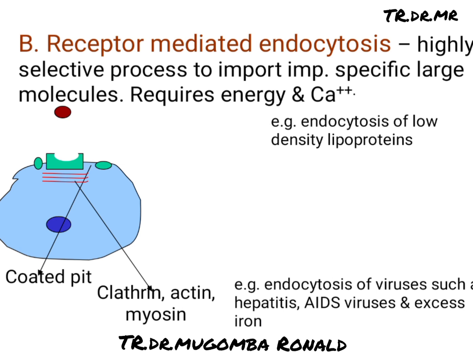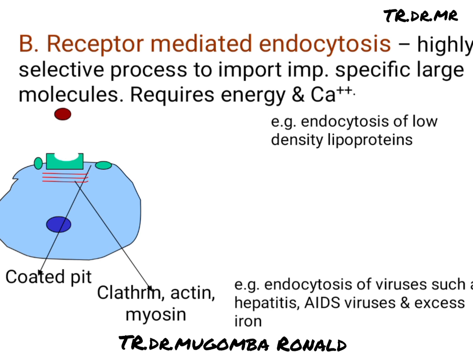In receptor-mediated endocytosis, it is a selective process which imports important specific large molecules, and it requires energy and calcium. So calcium acts as a bridge between the endocytotic vesicle and the cell membrane. So when a molecule binds to the receptor, the calcium enables the formation of an invagination.